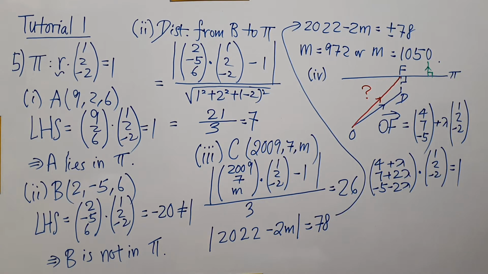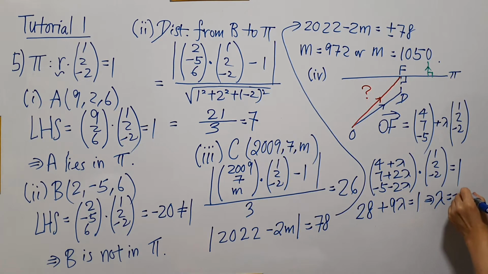To solve the equation, I'll take the numbers dot product with this first. So it's 4 plus 14, 18. 18 plus 10 is 28. Then the next one is 9 lambda plus 9 lambda... which equals 1. So this means lambda is equal to -3.